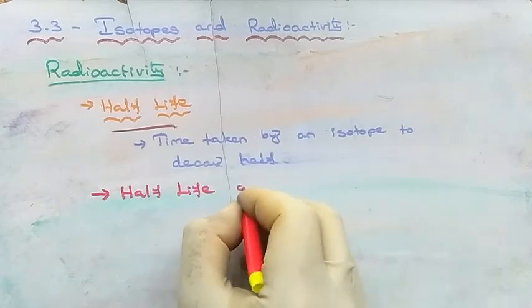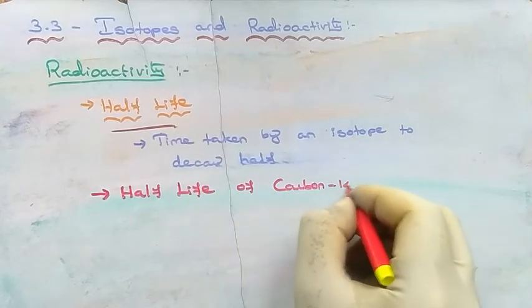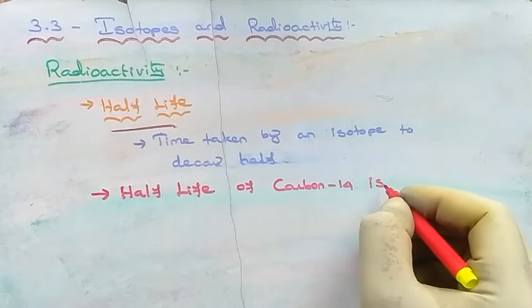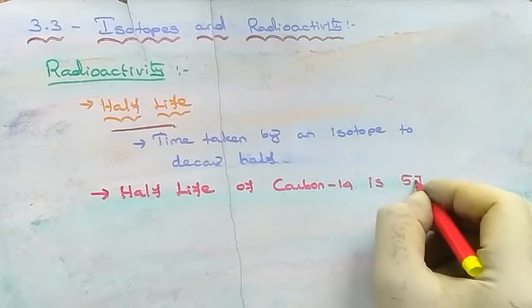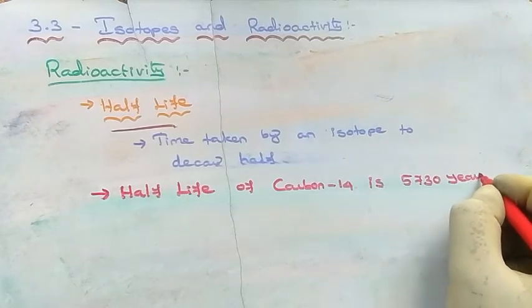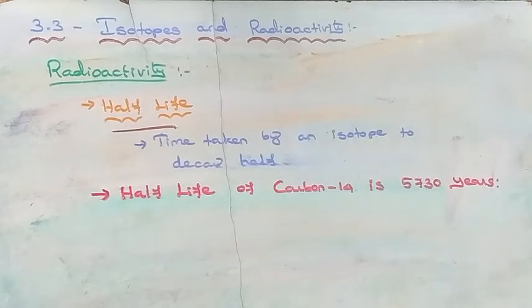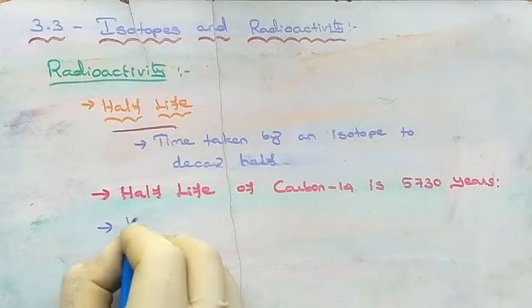Next example, the half-life of carbon-14 atom is 5730 years. As we know already, carbon has 3 isotopes, and out of those 3, carbon-14 alone is the radioactive isotope, and it has a half-life of 5730 years.